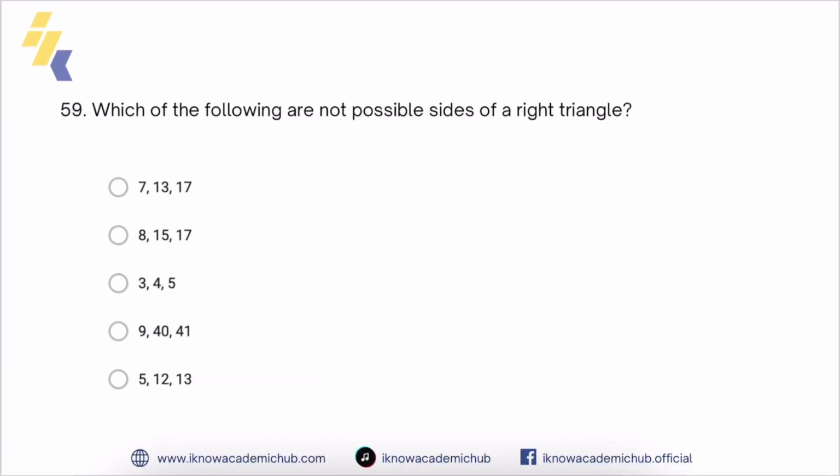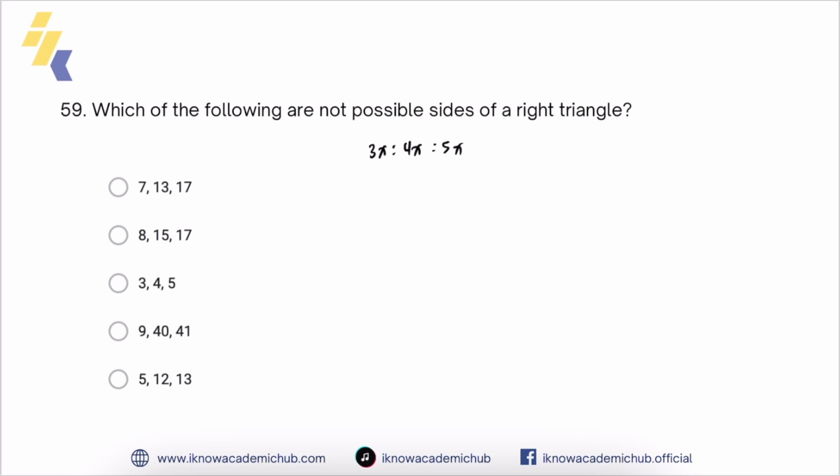Next, 59. Which of the following are not possible sides of a right triangle? So we have what we call the Pythagorean triples, which are sets of sides of a right triangle. And we have here 3x is to 4x is to 5x.